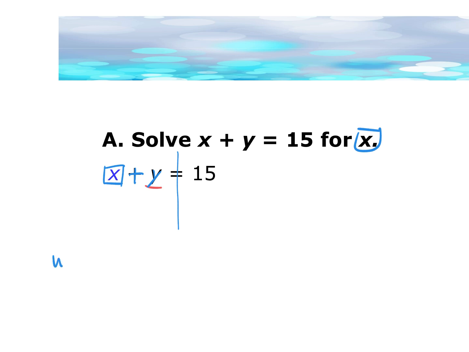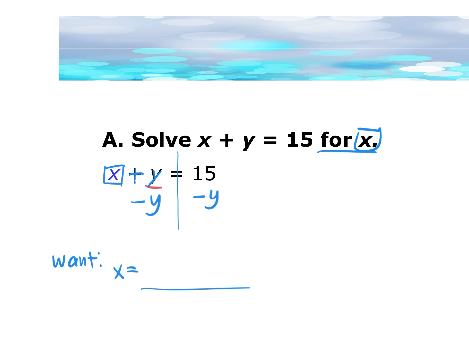In all of these, if it says you're solving it for x, you want x equals something. Now to get x equals something, you need it by itself. We want to subtract y on both sides of the equation, right?